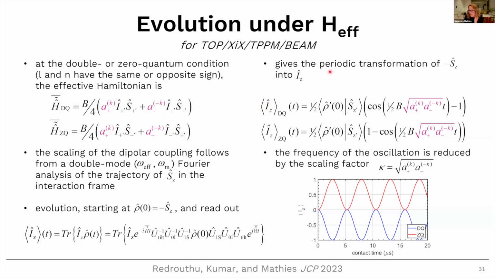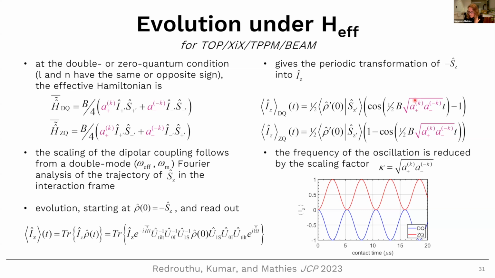You get a periodic transformation of minus SZ into IZ. So I plotted both functions here for you. At the double quantum, the expectation value of IZ oscillates between 0 and -1, and at the zero quantum, it oscillates between 0 and 1.